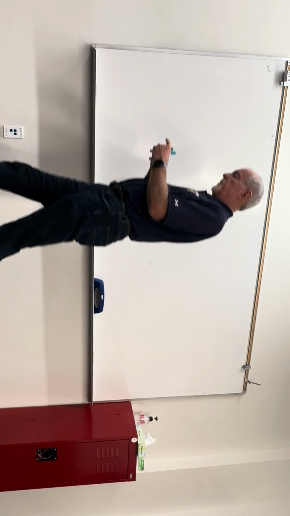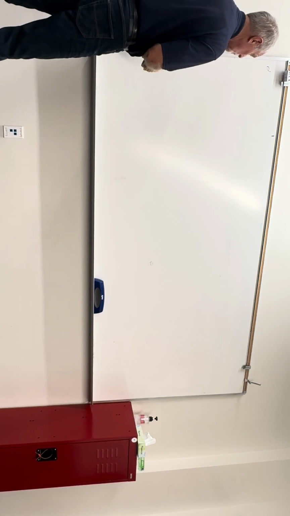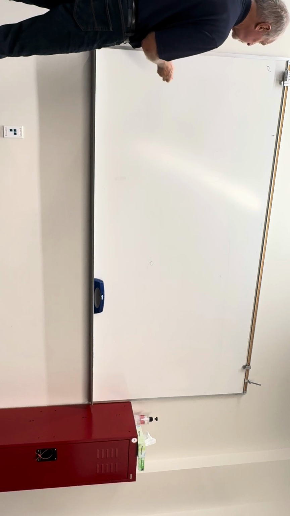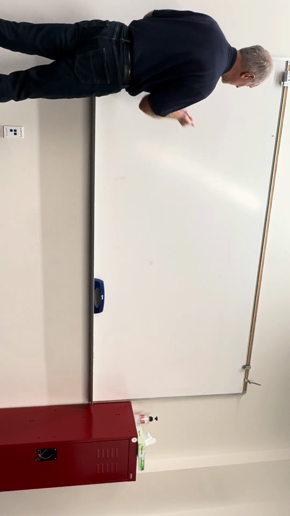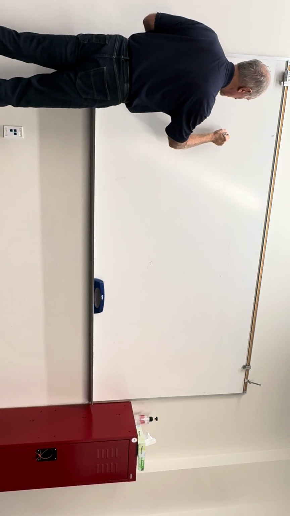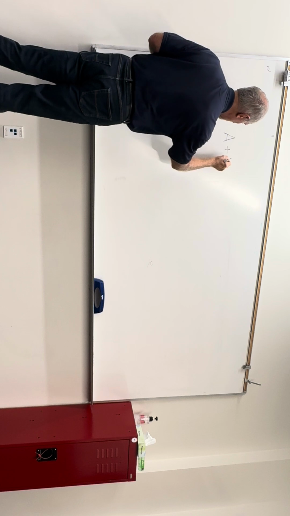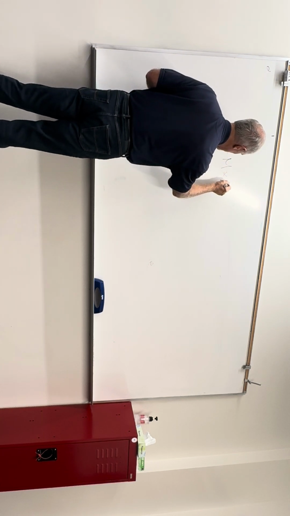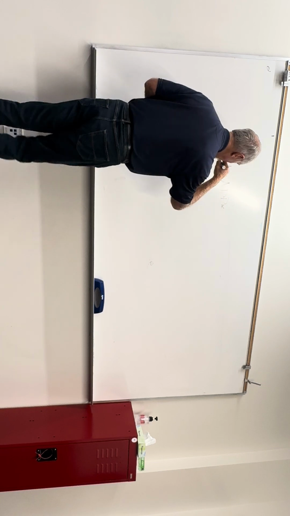Let me put something up you saw last week. Here's actin and myosin, and bound to the myosin is ADP and phosphate.